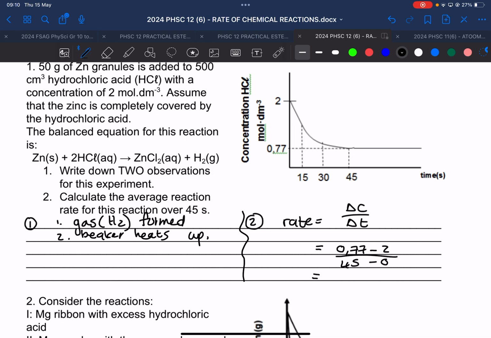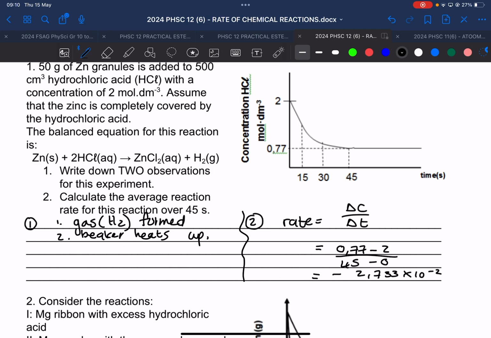Okay, and you got a negative answer, right? Negative 2.733 times 10 to the power negative 2, or 0.027. Yes? Okay.